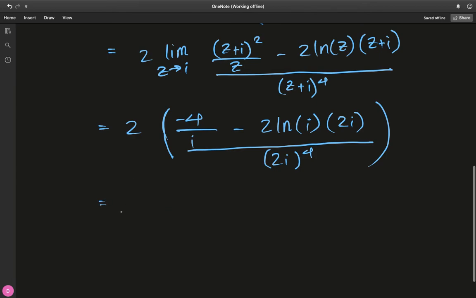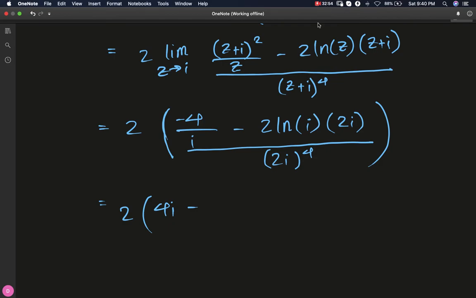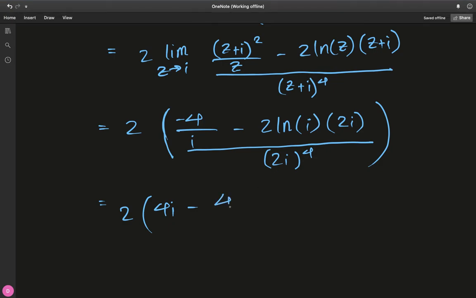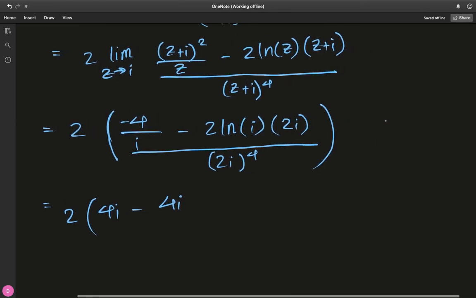So we have 2 times 4I minus, well, we have a 4 here, so 4I, and then natural log of I can be written as e raised to I pi over 2.